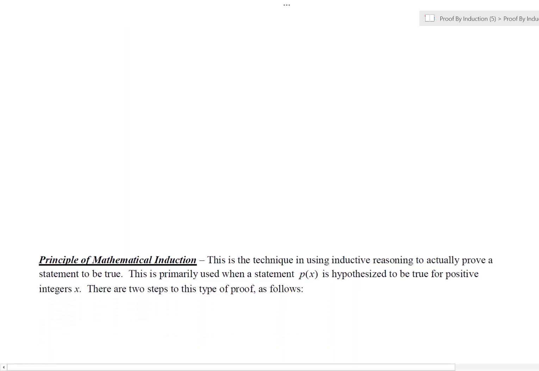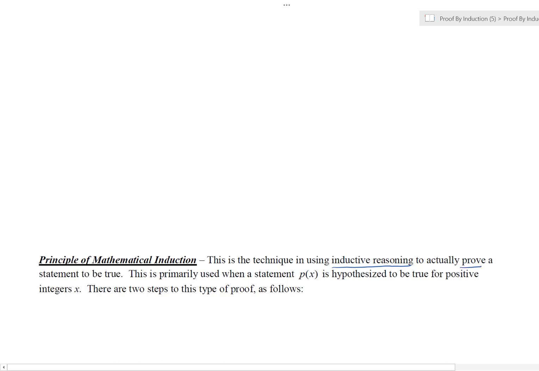So to begin, we must talk about what the principle of mathematical induction is. Well, this is the technique in which we use inductive reasoning to actually prove a statement.